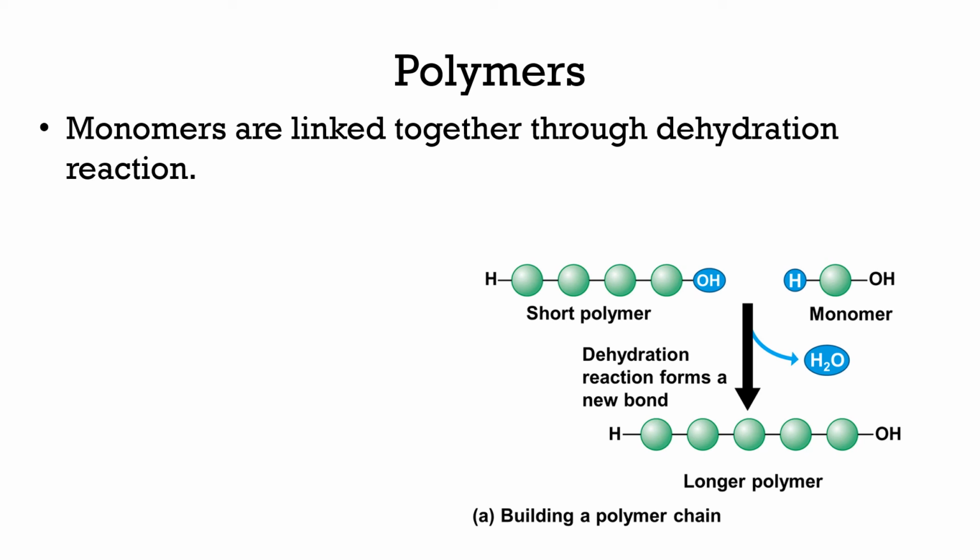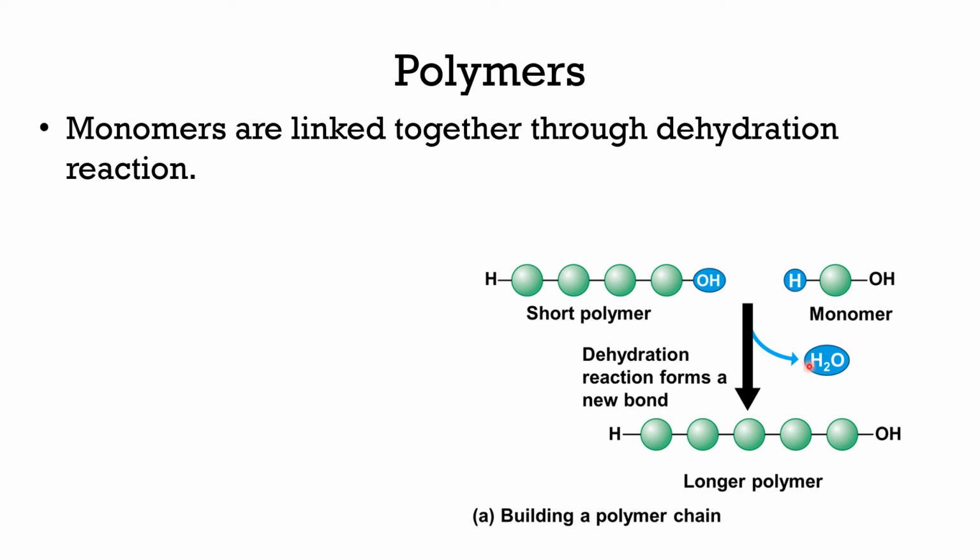When we are building these polymers, we have a hydroxyl group, or an OH, on the end of one short polymer, or it could be a monomer, and we have a hydrogen on another one.